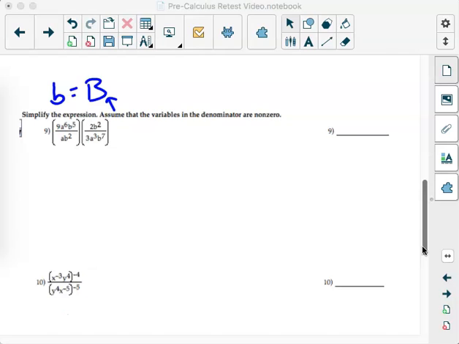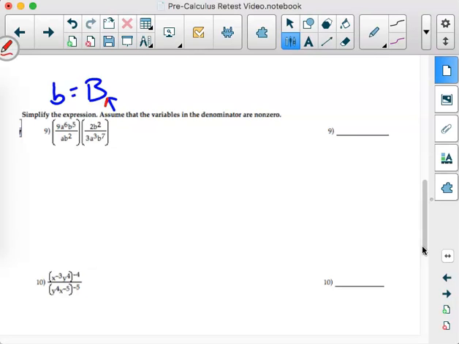In this case, back in geometry, a capital B like that could stand for the area of the base of a pyramid. But a lowercase b is just a number. There's something that we're going to put in for that lowercase b. So for number 9, you do not get to change b's and make them capital B's. You can't do that. You have to stick with what you have.